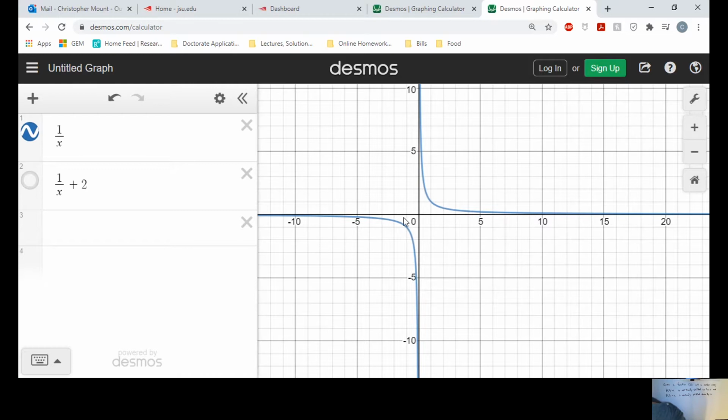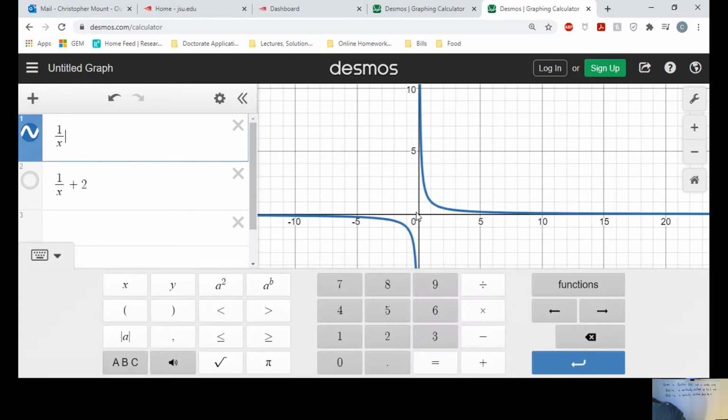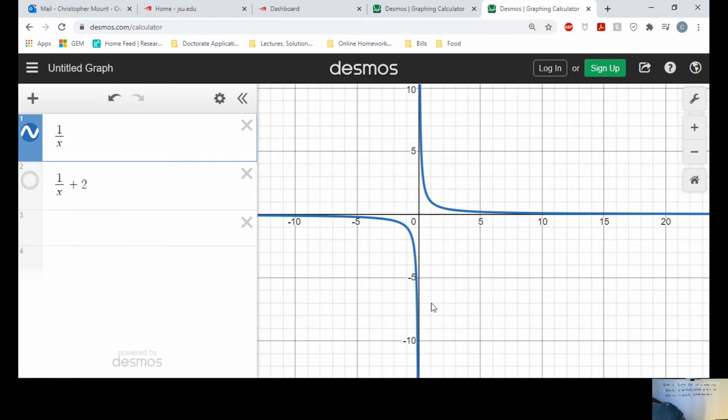Right now, this blue graph, the base 1 over x graph, has a vertical asymptote on the y-axis. That won't change when we lift it up or down, but it also has a horizontal asymptote right at the x-axis. When I lift it up, that asymptote moves, and it would be helpful to have it drawn on the graph so I know where to put it.